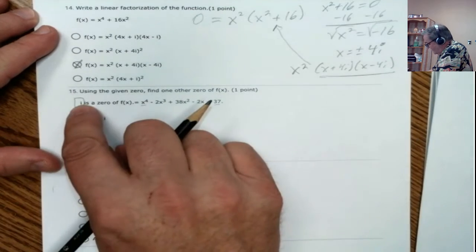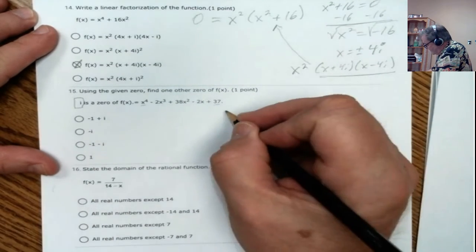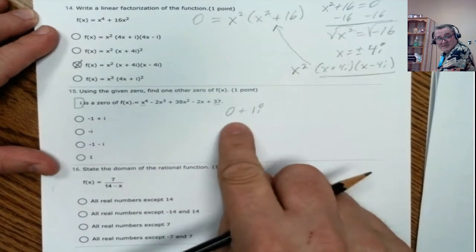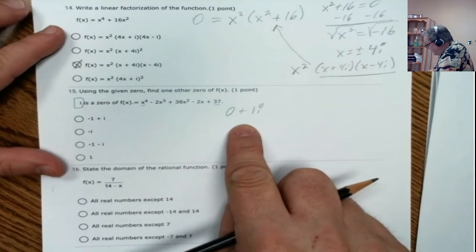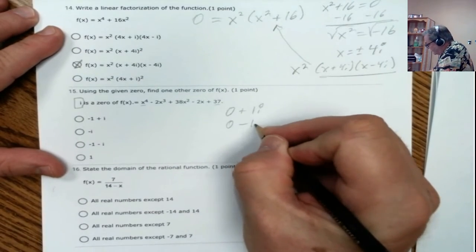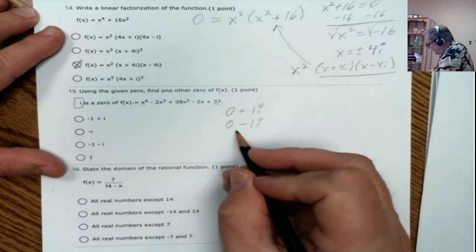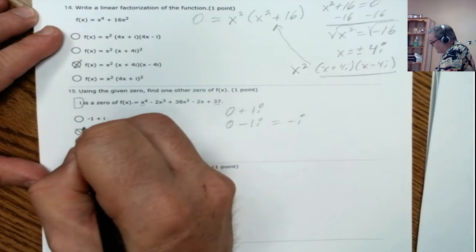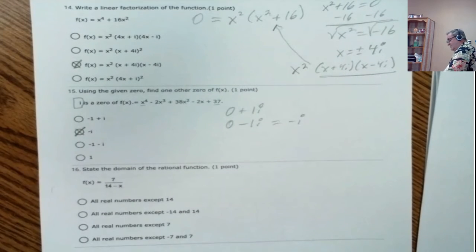So if i, which is the same as 0 plus 1i, if you want to write the complex number out, that means 0 minus 1i is the other 0, which simplifies to just be -i. Negative i is our other factor. If that's a 0, that's a 0.